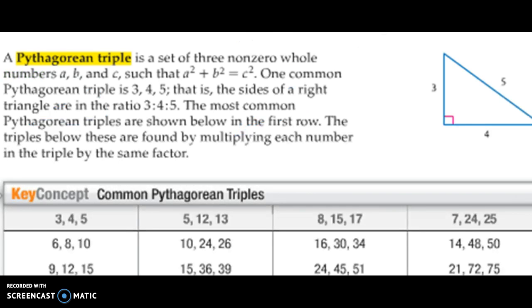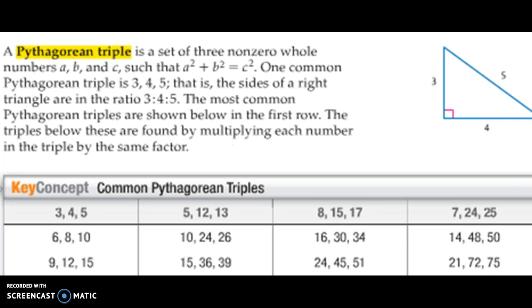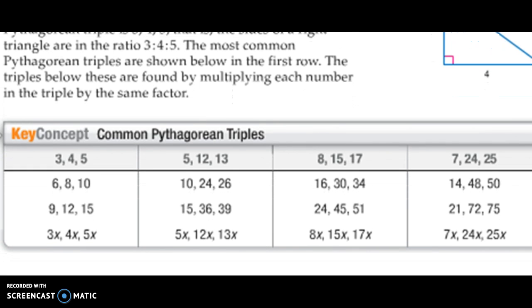Now there are some common Pythagorean triples. Those are ones that work as whole numbers when you put them into A squared, B squared, and C squared. And they are most commonly of the ratio 3, 4, 5. So you'll see that we have 3, 4, 5. If you multiply it by 2, 6, 8, 10, 9, 12, 15, and so you have this as well.